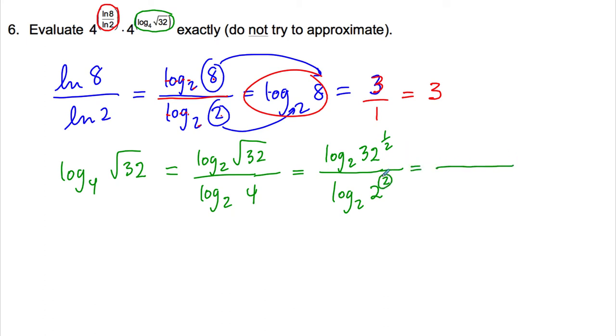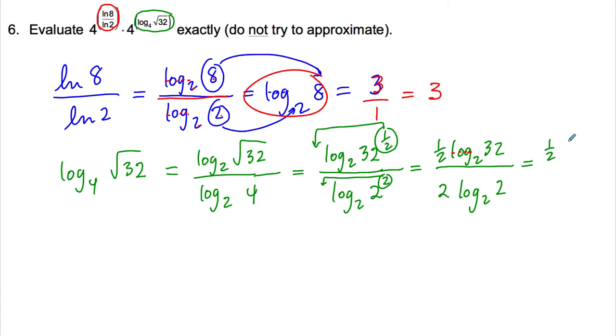And then this exponent 2 can come down in front as a coefficient using one of my properties of logarithms. And this 1/2 could come down in front as well. While I'm at it, I could change 32 to something else, 2 to something, or I can simply leave it like this and work it out. So every time I see log, I think, what is the exponent on this base to get that power? And the exponent I put on base 2 to get the power of 32 is 5.